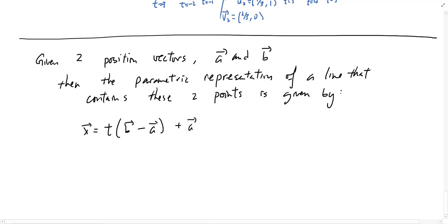In this expression, vector b minus vector a is the direction vector from A to B, and vector a becomes our position vector.